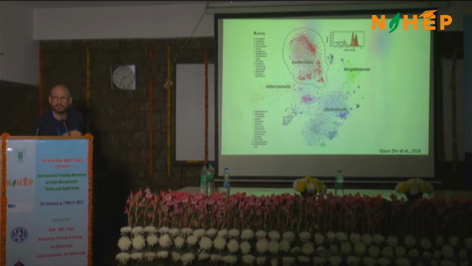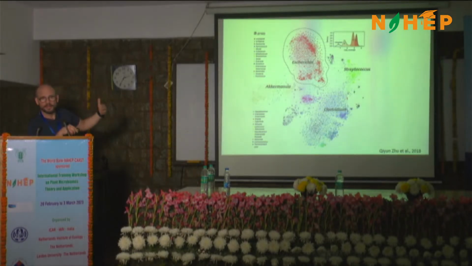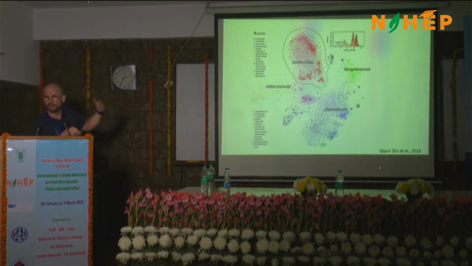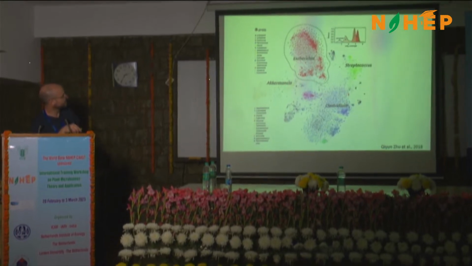Every dot you see here is a contig, colored by taxonomic composition, and all of these dots belong to the same bin. We have other bacteria here too, like Clostridium or Streptococcus.